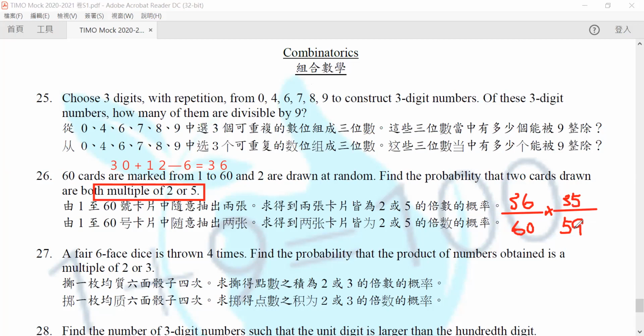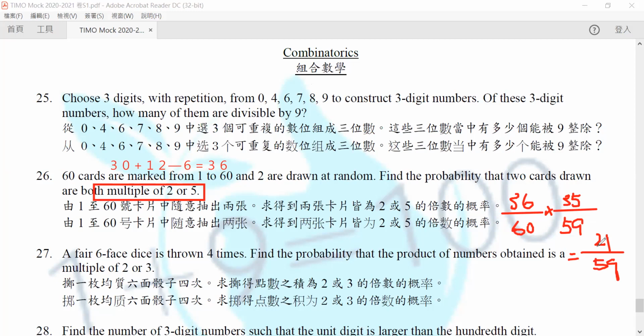Remember that after we draw one of them, the next one will have a lower probability. So the answer is actually equal to 21 over 59. It's just like this.